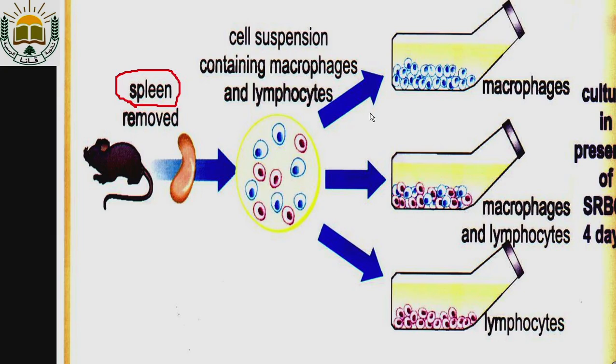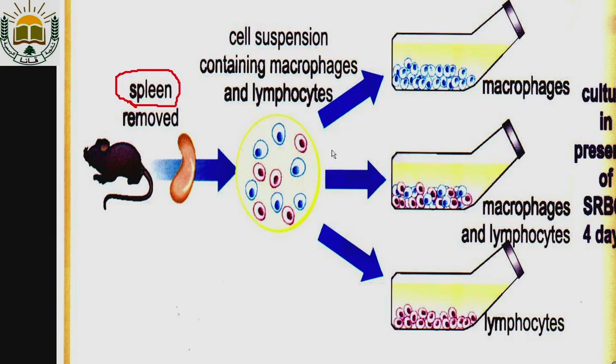Now, look at these arrows. 1, 2, and 3. Here, in this container, we put the word macrophage. In this container, we have macrophages and lymphocytes. In the third one, lymphocytes. So, what are we doing by this with these cells?